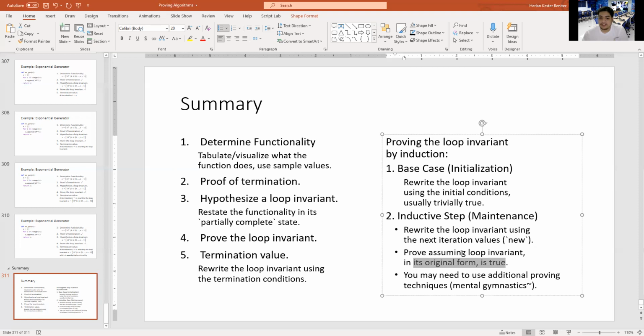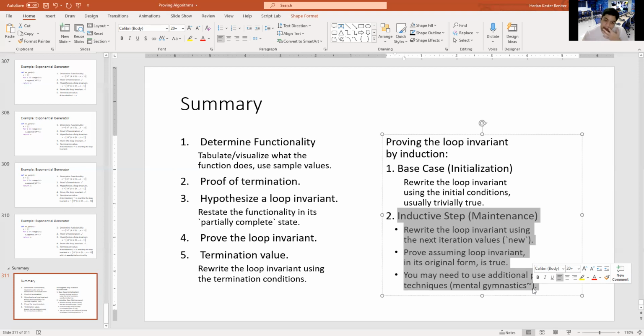Now, what if hindi mo siya ma-prove inductively or parang hindi mo ma-pag-agree yung mga statements mo? So, anong gagawin mo? Mali ka ba sa inductive step mo? Mali ka ba sa proof mo? Or mali yung hypothesis mo?